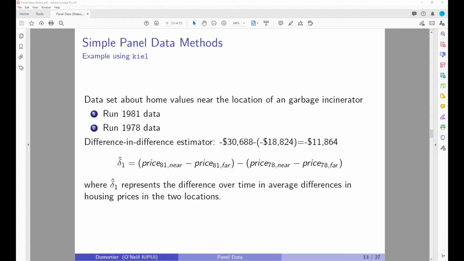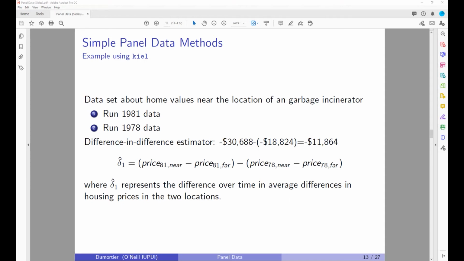Now, after the data was collected in 1978, a garbage incinerator was built in the town, and we have data about 1981, and we can estimate the effect of the garbage incinerator on home values. Now, it is very important for this example to realize that the data in 1978 was not influenced by the garbage incinerator, because nobody knew about the garbage incinerator in 1978.